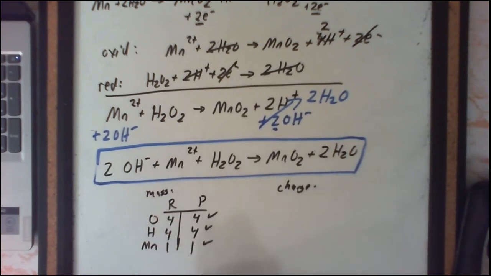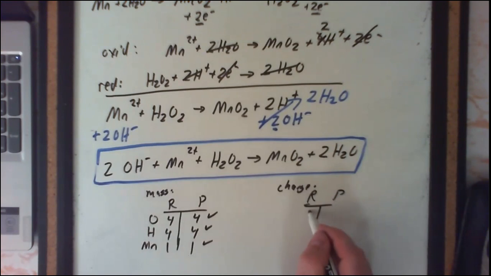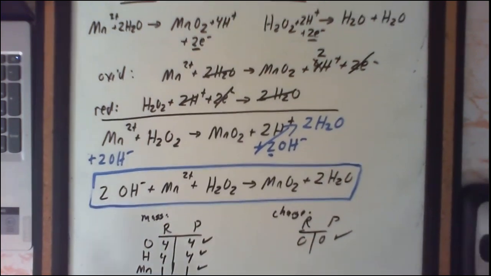So everything is mass balanced. And then finally, charge balanced, we have -2 plus +2 is 0. 0 plus 0 gives me 0. So I have a both mass and charge balanced overall redox reaction that was balanced as if the reaction is taking place in a basic solution.